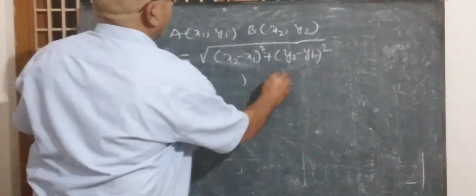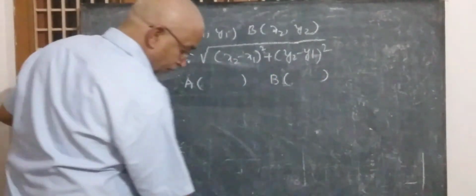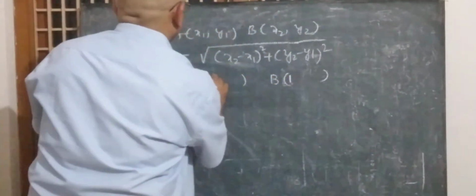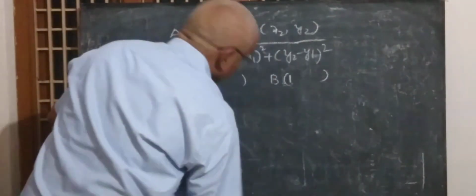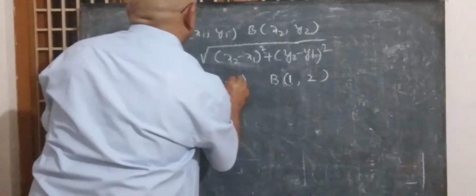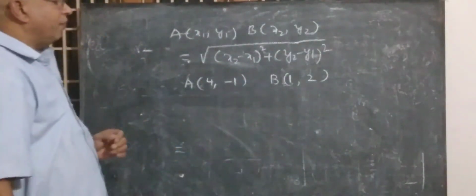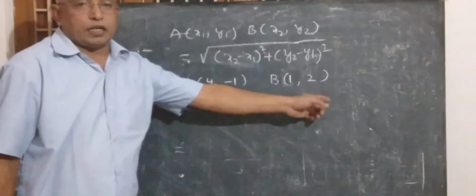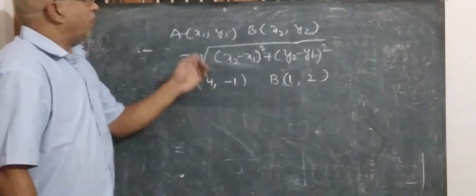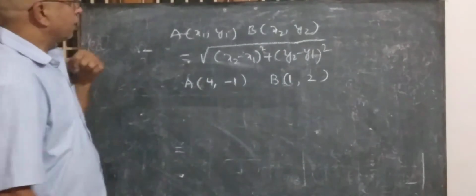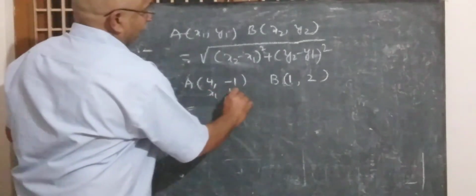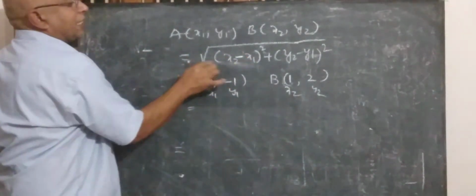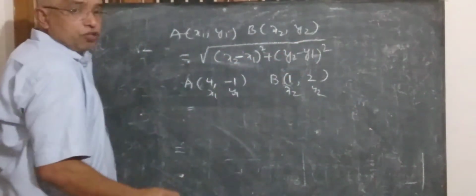A point, B point. See, these two points are given. In our graph, A (4, minus 1) and B (1, 2) are the two points given. Now we can find the distance between these two points. See, x1 y1, x2 y2. What is the formula? Square root of x2 minus x1 whole square plus y2 minus y1 whole square.